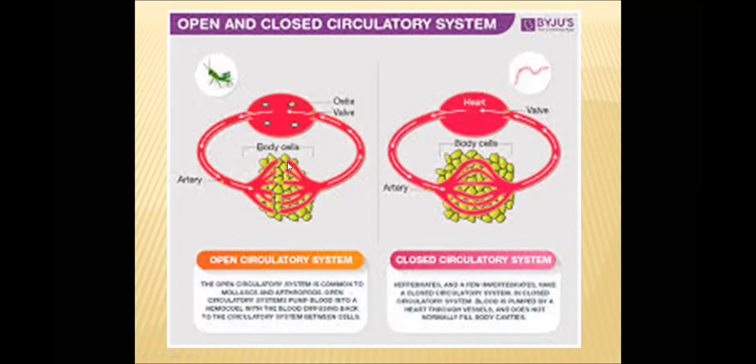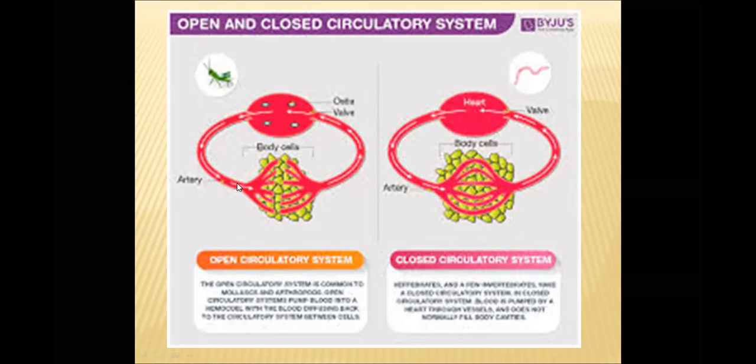They are opening bluntly. These open venules will collect blood from the tissues and send this blood to the heart. So in this way, in open circulatory system also, the heart is there, pumping vessels are there, and collecting vessels are there.